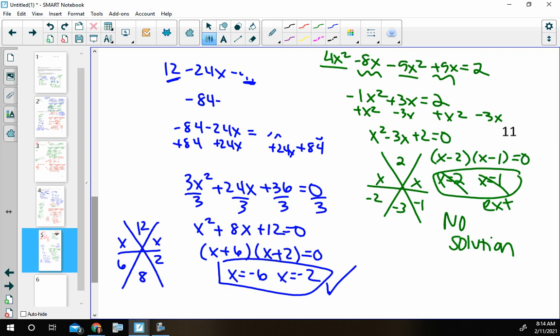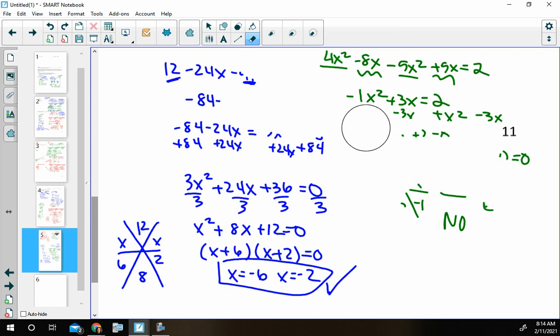Oh, wait, hold on. Shoot, hold on. This was supposed to be a negative 3x.